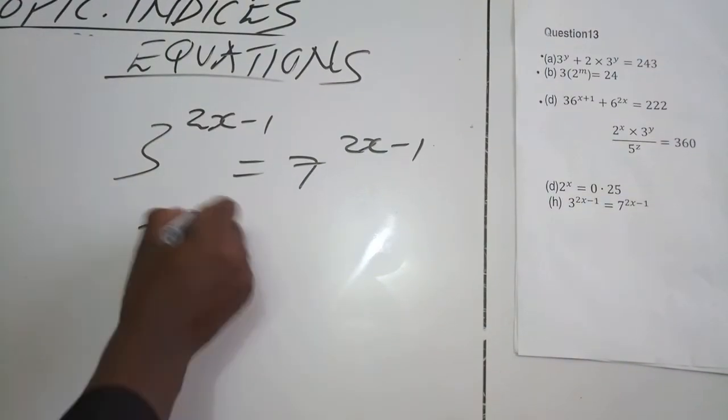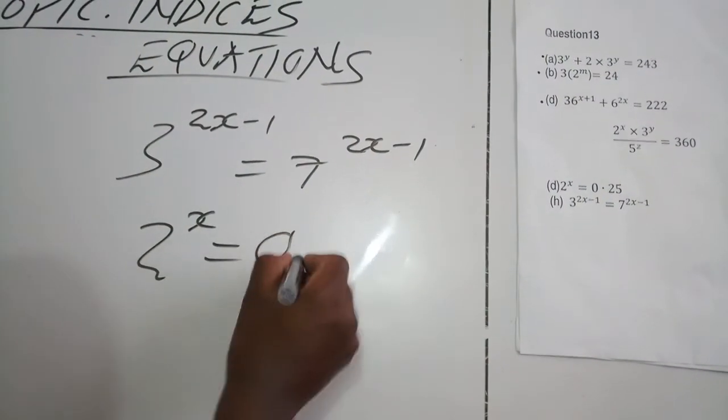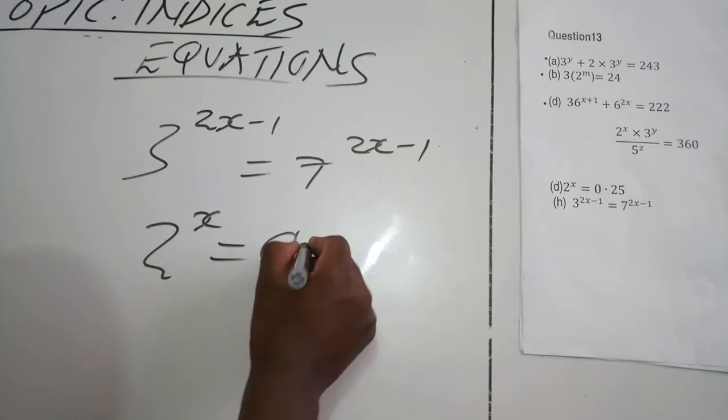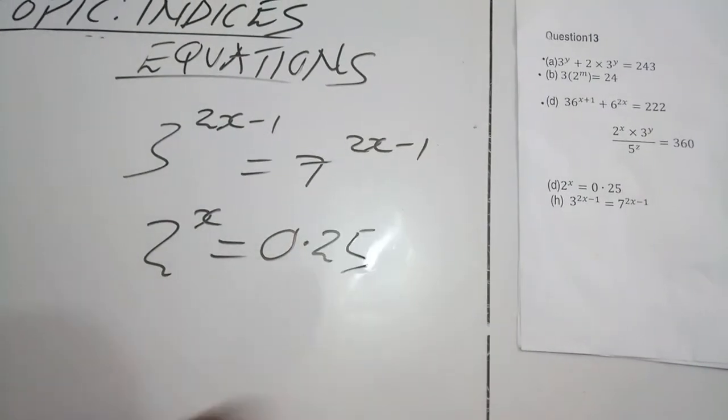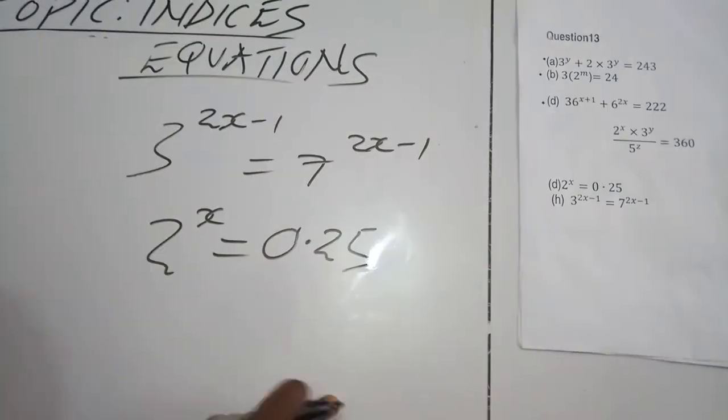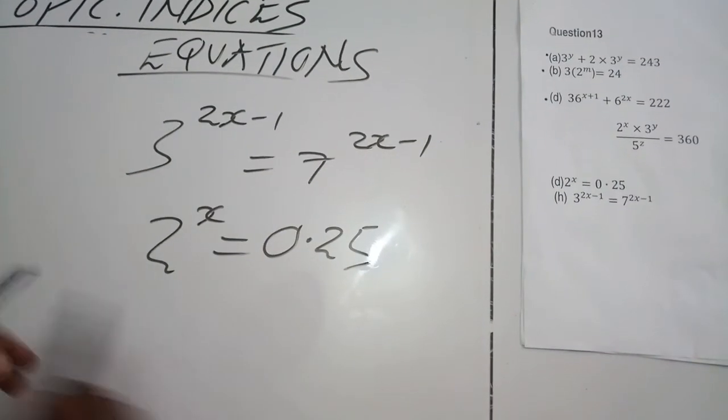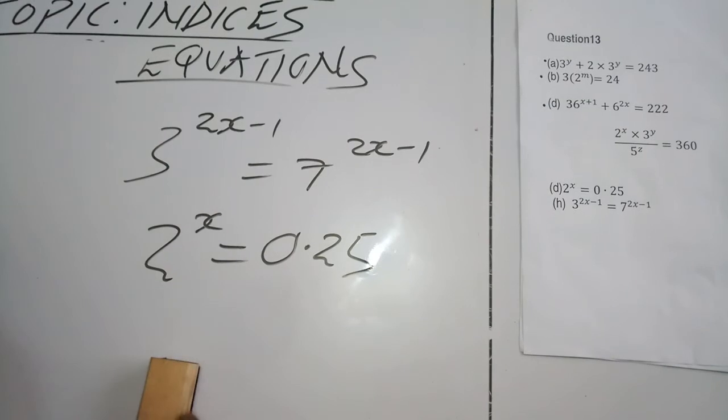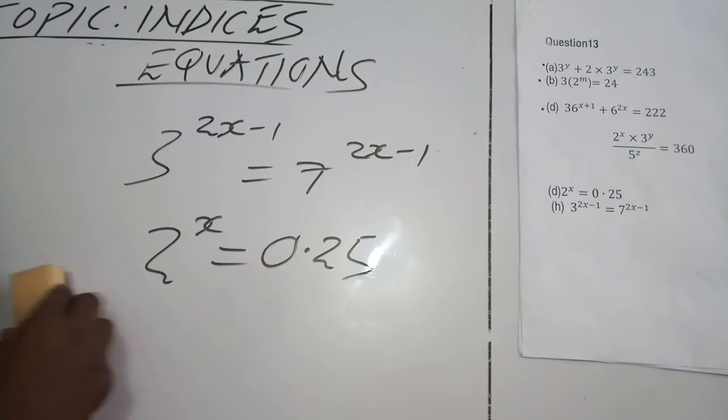You can also attempt this: 2 power x is equal to 0.25.